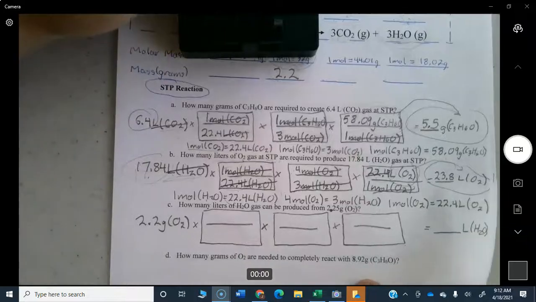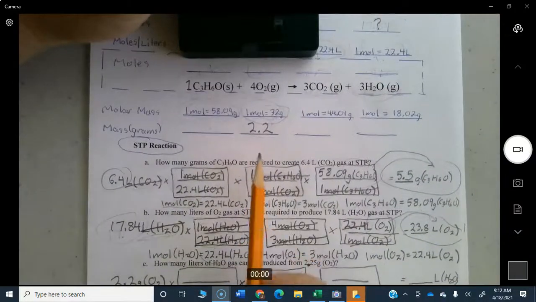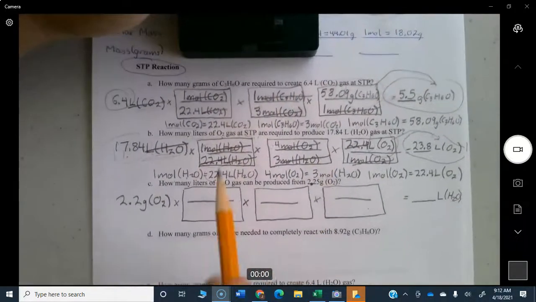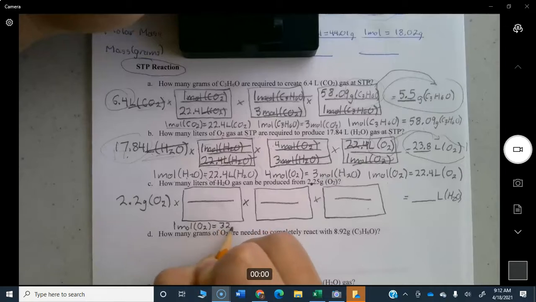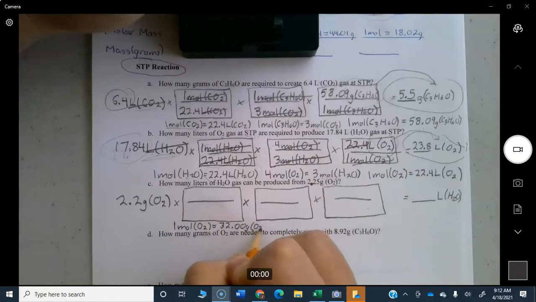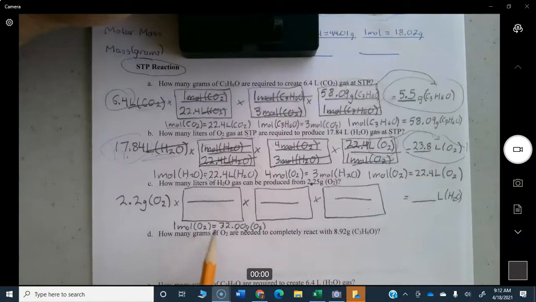Okay, there you go. It's set up. First conversion is right here. Okay, which one goes on the bottom?